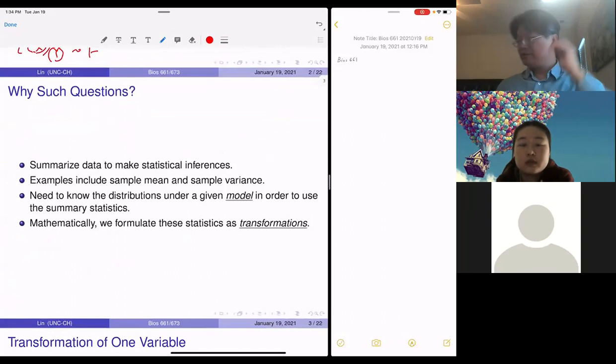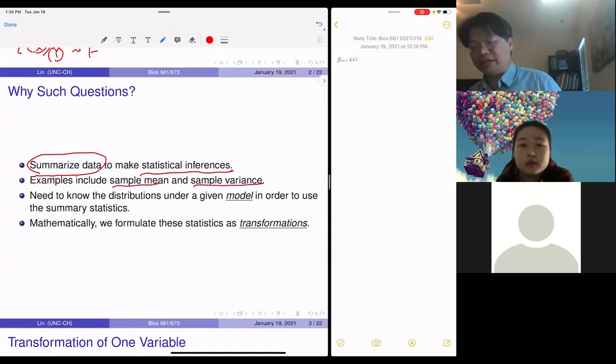Okay, why such questions? We are statisticians or biostatisticians. We make a living summarizing data. Data comes out, and you try to make a statistical inference using the data. Sample mean and sample variance are quantities you use frequently in real life.